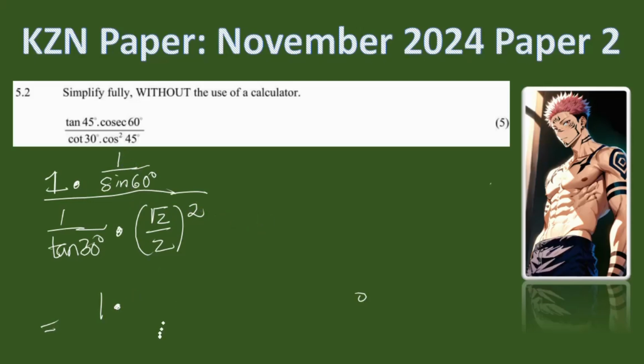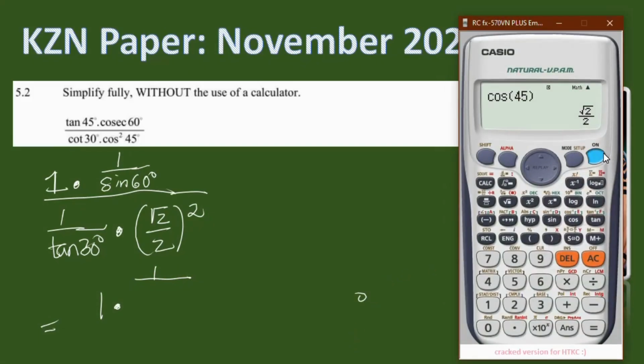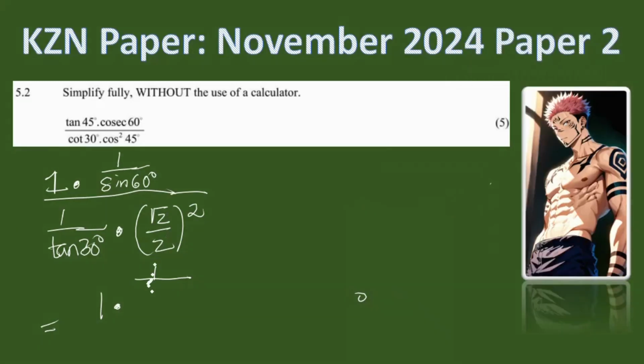I need the sine 60, and I get root 3 over 2.